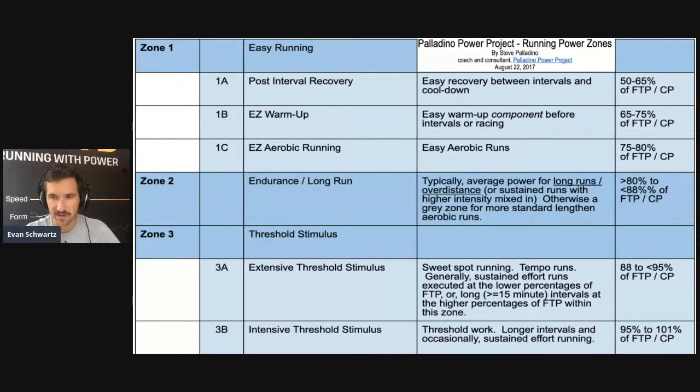There are differences, not just looking and saying 90 to 100% of critical power is all the same thing. There's absolutely room to add different efforts in there, like we mentioned, tempo runs or marathon pace, for some people 10K pace. There are a lot of different abilities in there that you can absolutely incorporate.